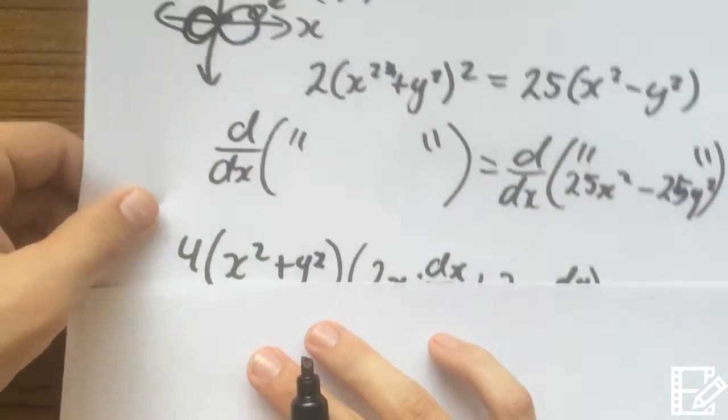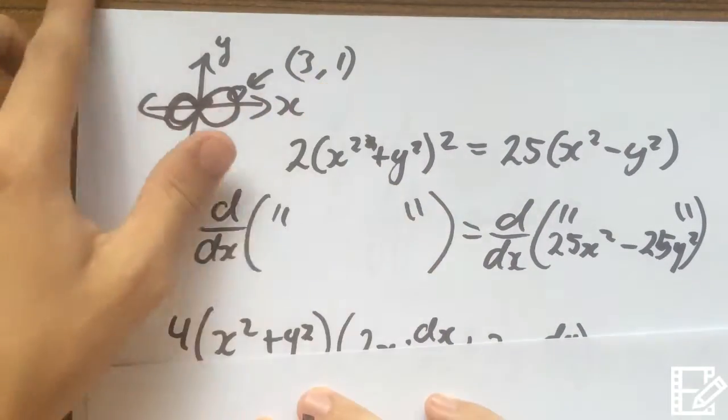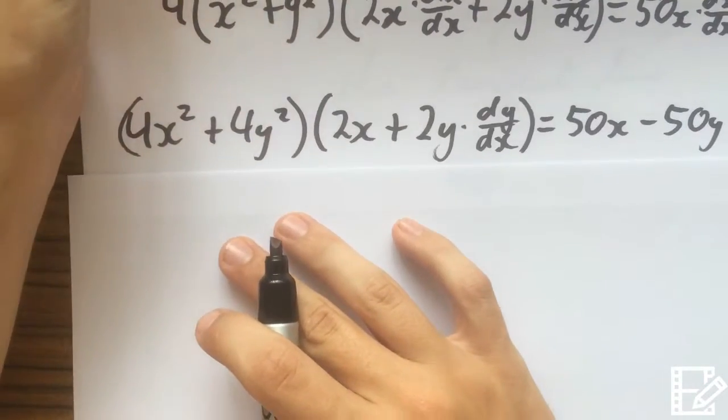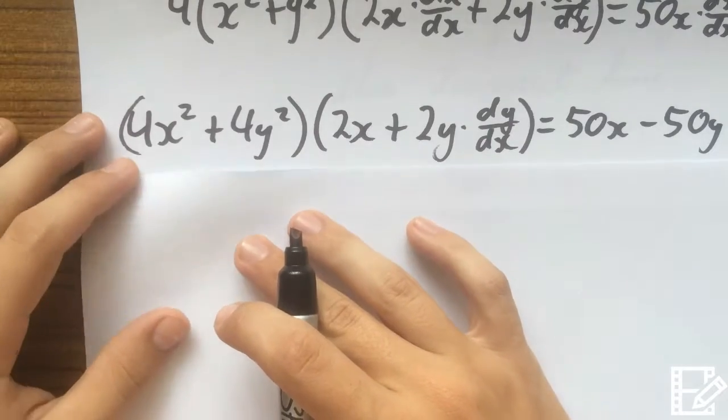Now's the point where we sub in our coordinates. We have 3 and 1: 3 for x and 1 for y.